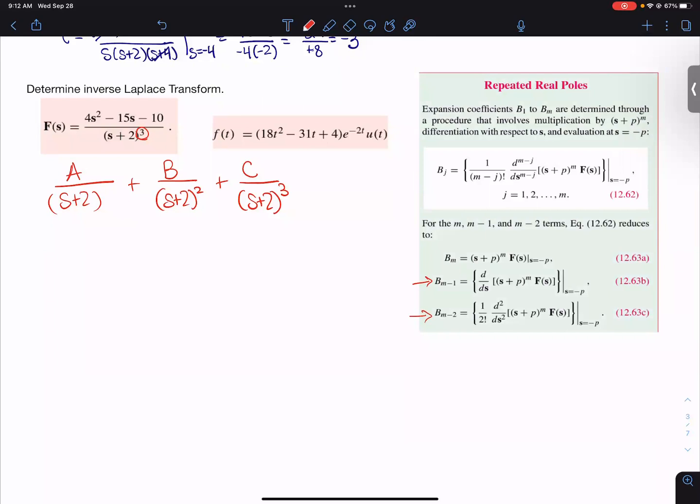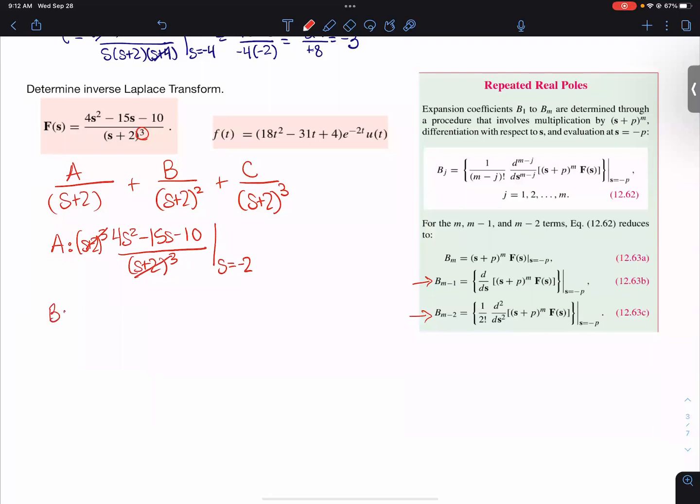So that means the first one for A is going to be 4s squared minus 15s minus 10. And then you're going to multiply that by the S plus 2 cubed. So those cancel, and you're going to evaluate that at S equals minus 2.